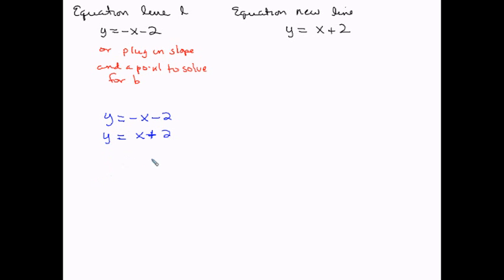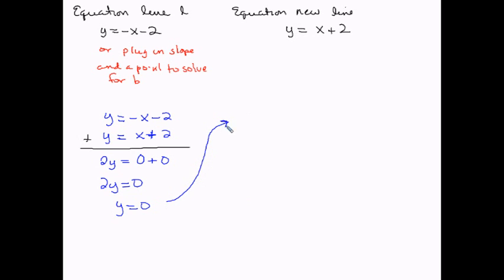Okay. If I solve this system by addition, I get 2y is equal to, because y plus y is 2y, negative x plus x goes away. That's why I went ahead and used addition, because these are already opposite. And negative 2 plus 2 goes away. So I get 2y is equal to 0, which means that y is equal to 0. Then I plug that in.